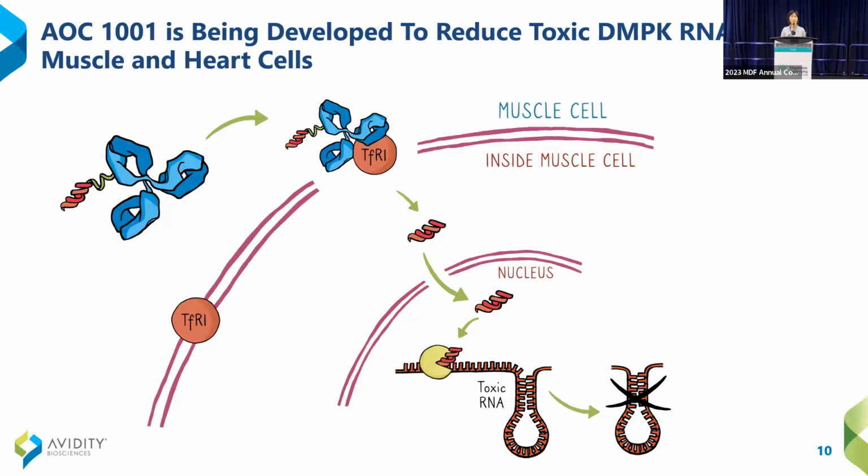And once internalized, the oligonucleotide is released, and it can go into the nucleus and also specifically bind to the DMPK mRNA and cause degradation. Today, I'd like to share with you some of the clinical data we have accumulated from our first in patient trial, which we call MARINA. It's a phase 1/2 trial.